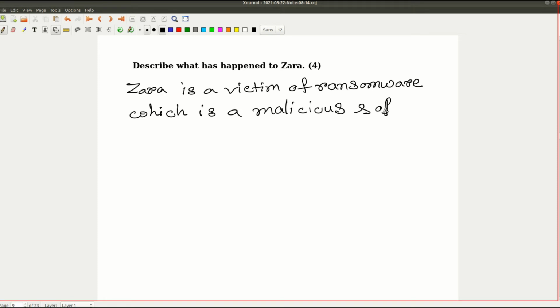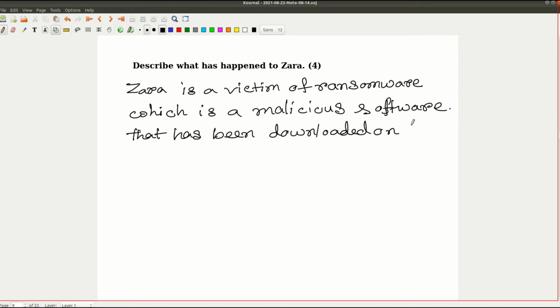Malicious software means software which carries viruses. It is called malicious software that had been downloaded on her computer, and it is encrypting all the files.